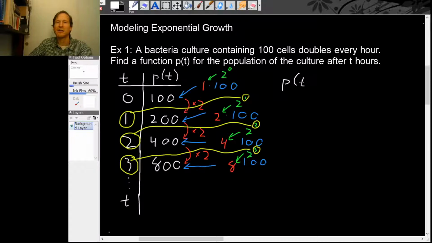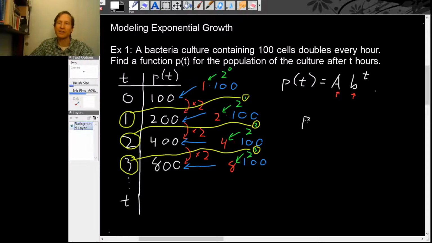So we know that p of t is some exponential function. So let's write a times b to the t. To figure out the unknown constants, a and b, as usual, we just need some data points. But look, we have a table full of data points.